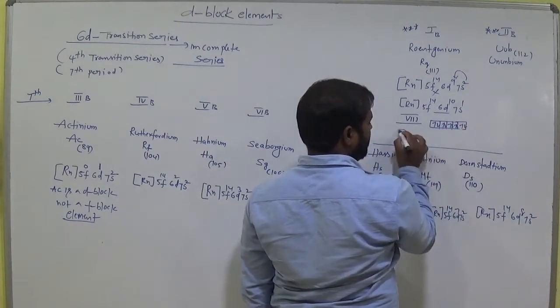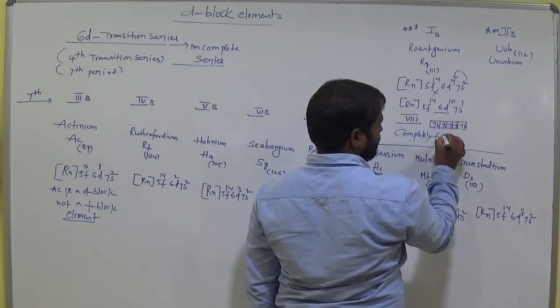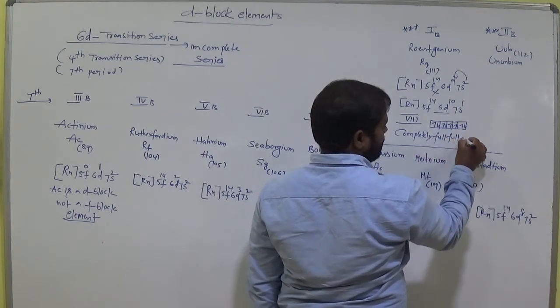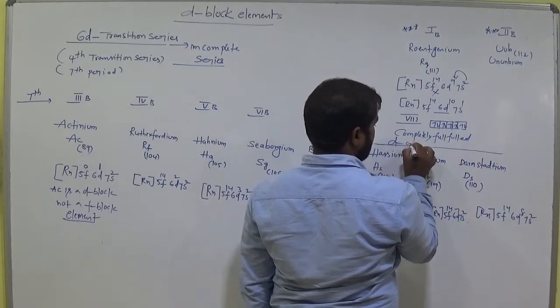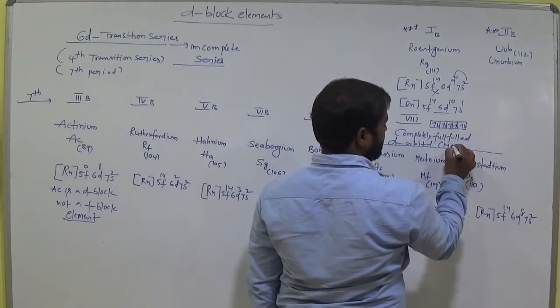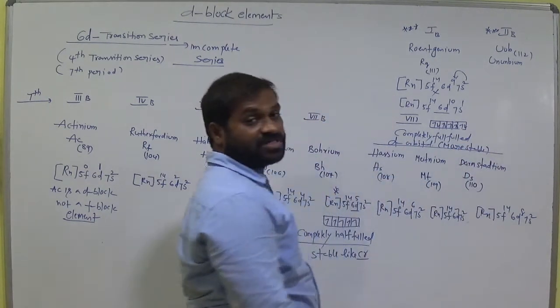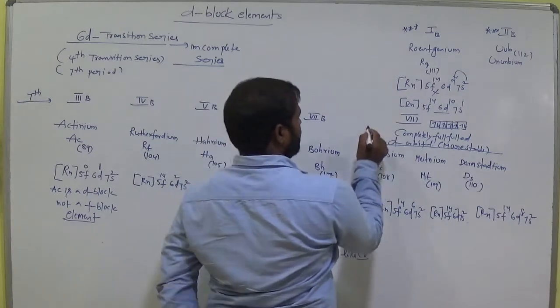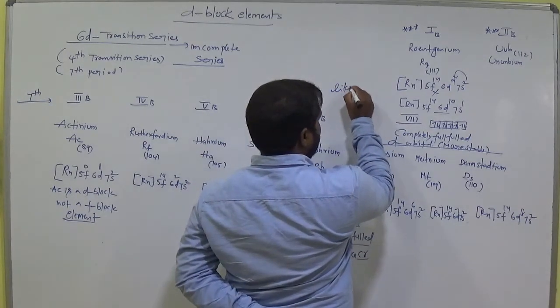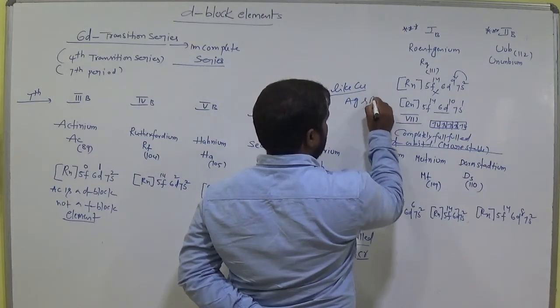Completely filled d orbital means more stable. Such phenomena we observe here, like copper also, silver and gold.